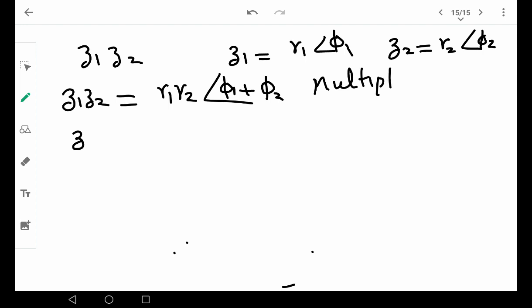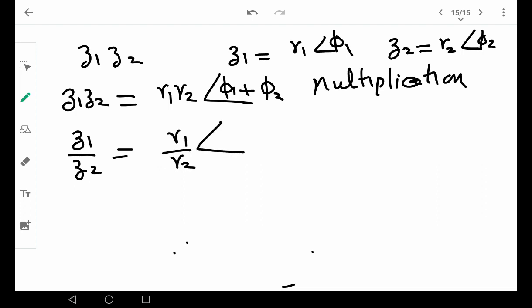Similarly, if you want to do division, this is multiplication. If you want to do division, you can write it as z1 by z2 is r1 by r2 angle phi1 minus phi2. Okay. Now if you want to find the reciprocal, this is division.